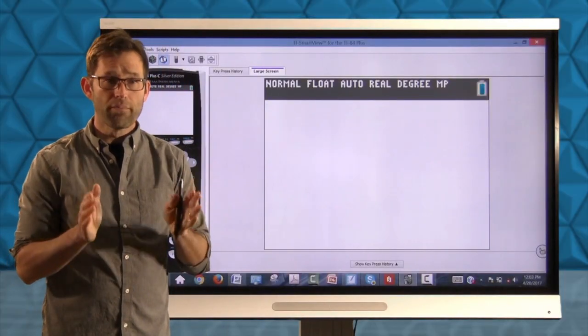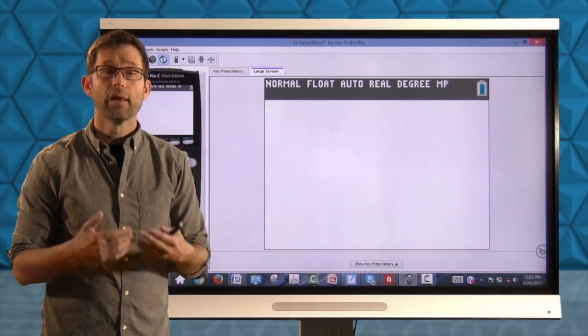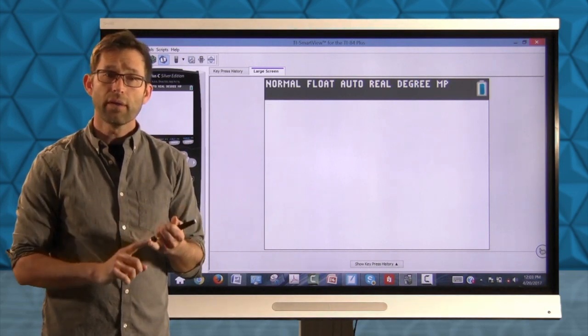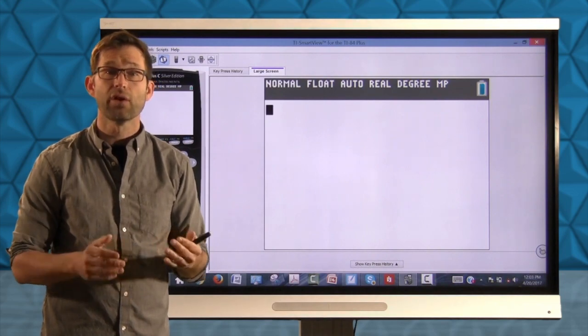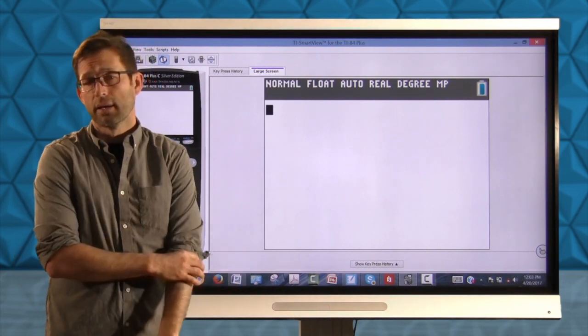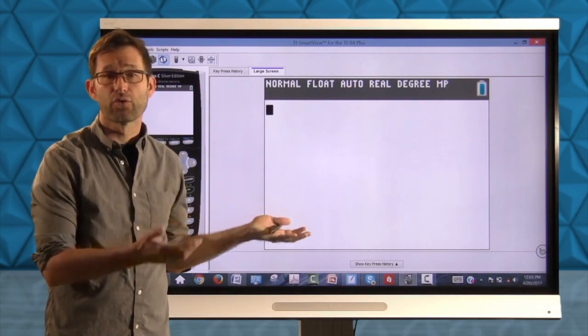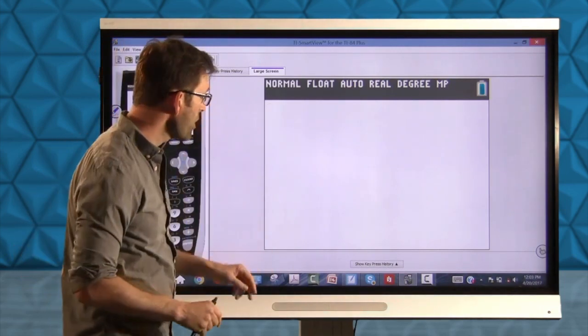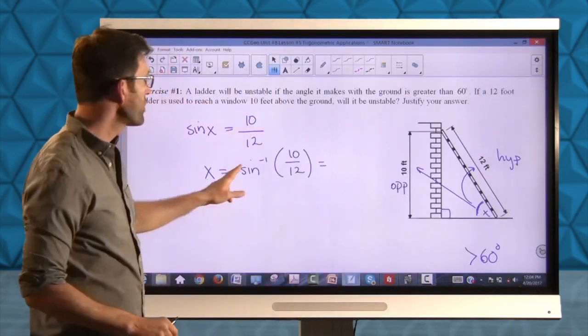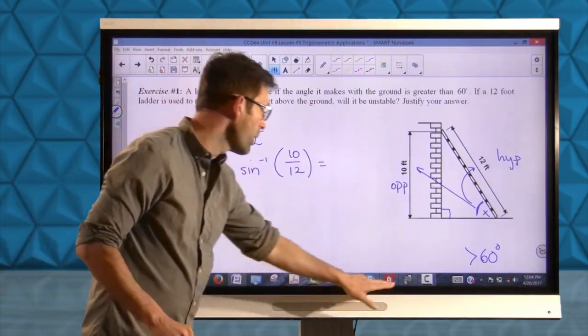But the default mode on your calculator is radians. If your calculator resets to default, which would happen if your teachers cleared the memory, i.e. you've been playing maybe too much Tetris on it, it'll go back to radian mode.